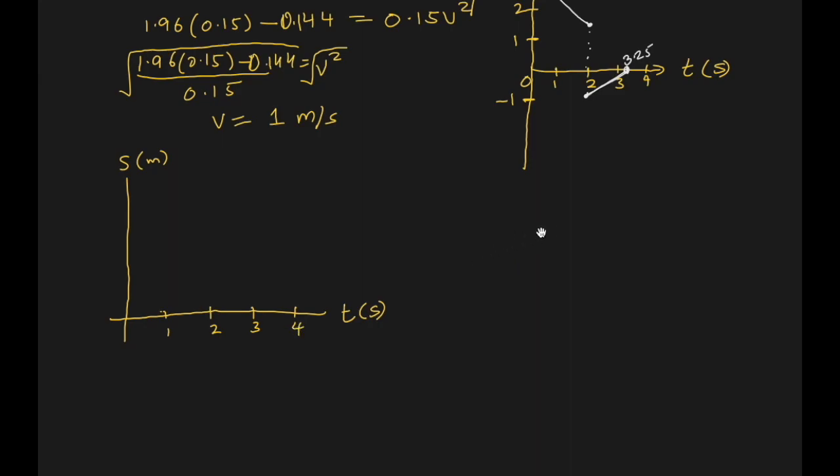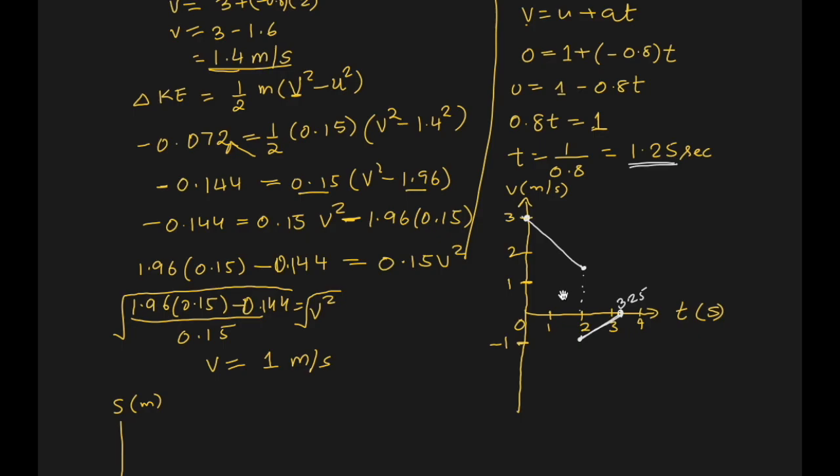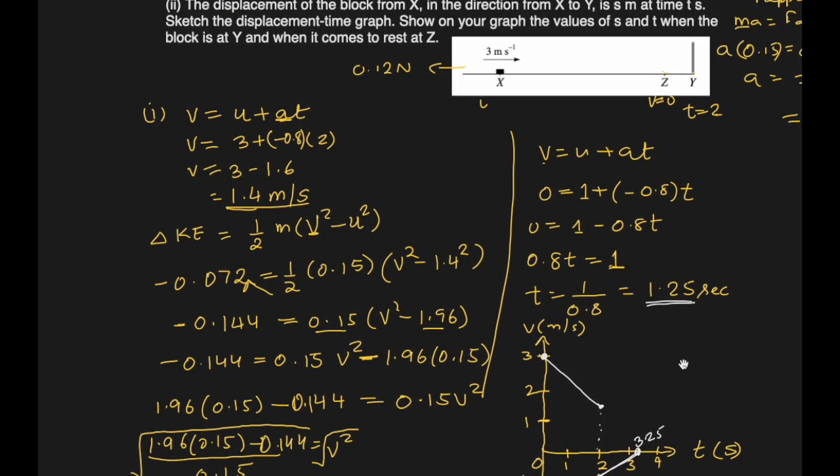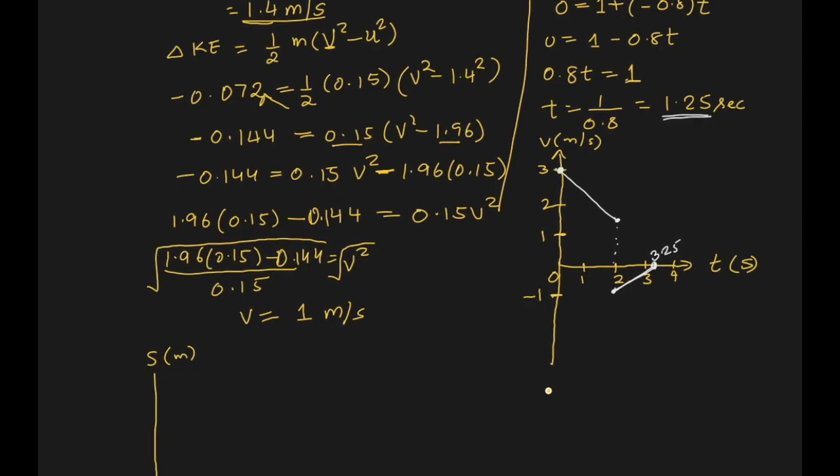First, how much displacement took place between x and y? We'll use this formula, s equals ut plus half at square. We know everything. u is 3 meters per second, the time it took to reach y was 2 seconds, plus half, acceleration 0.8, and then 2 square.